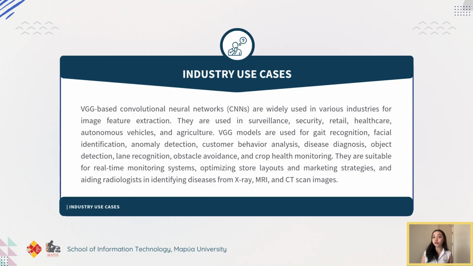The industry use cases showcase the widespread application of VGG-based convolutional neural networks across various industries. These models are used for image feature extraction in areas such as surveillance, security, retail, healthcare, autonomous vehicles, and agriculture. VGG models are used for various applications such as gait recognition, facial identification, anomaly detection, customer behavior analysis, disease diagnosis, object detection, road lanes recognition, obstacle avoidance, and crop health monitoring.